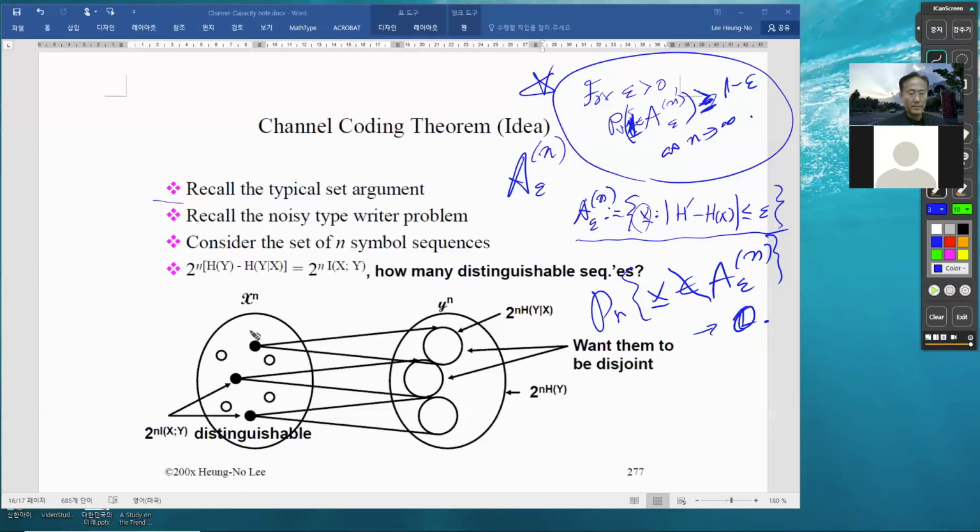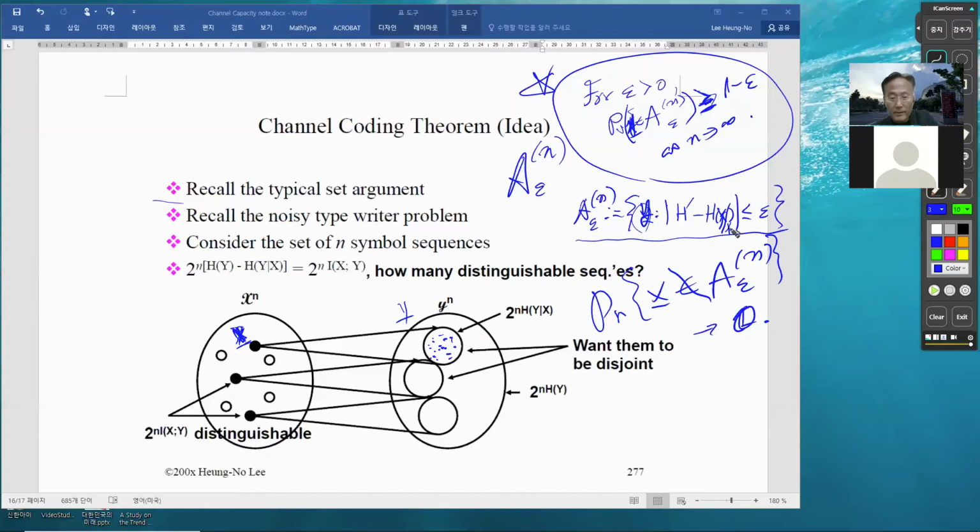In this case, fix a sequence x and consider the collection of output sequences y. We can define typical sets on y based on the conditional distribution.